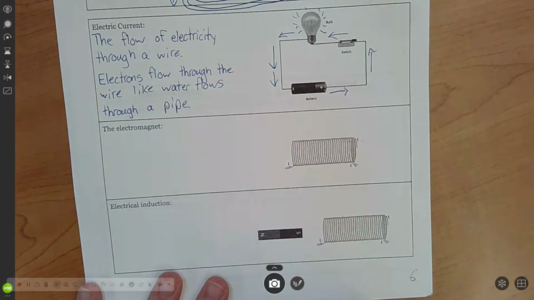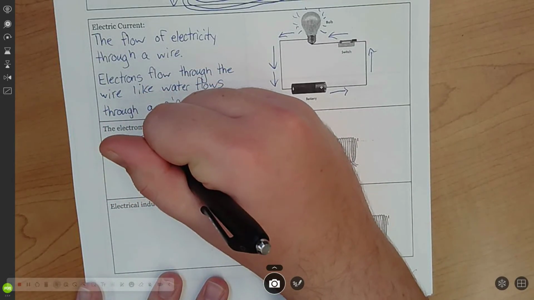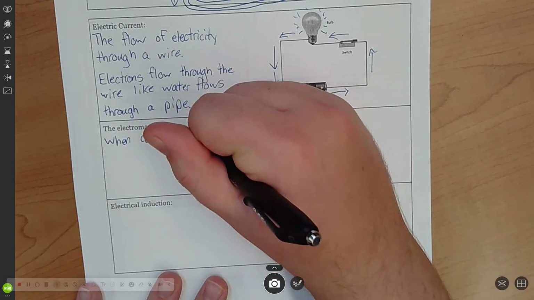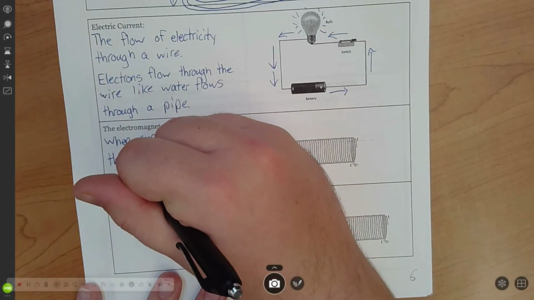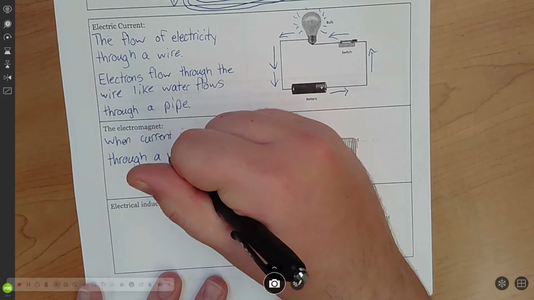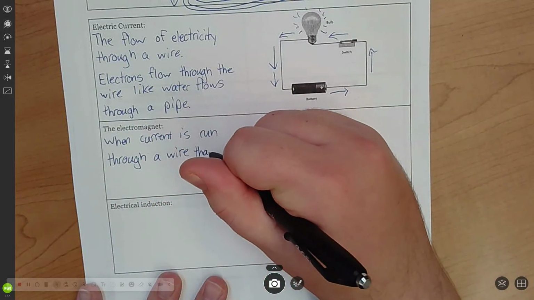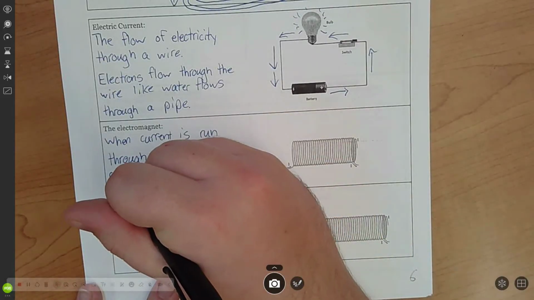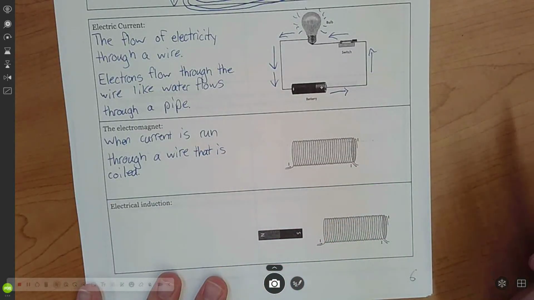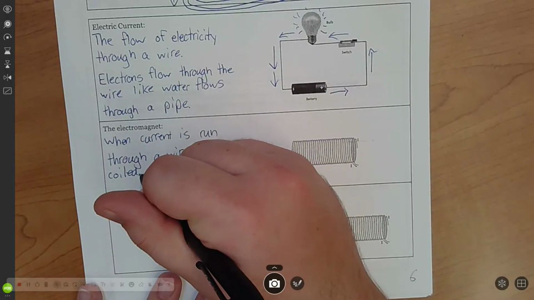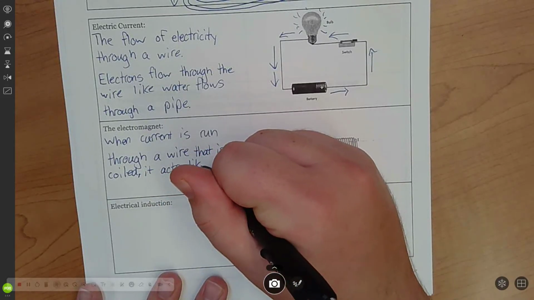So for our definition for an electromagnet, when current is run through a wire that is coiled. So you'll notice that our wire is all coiled up here. It acts like a magnet.